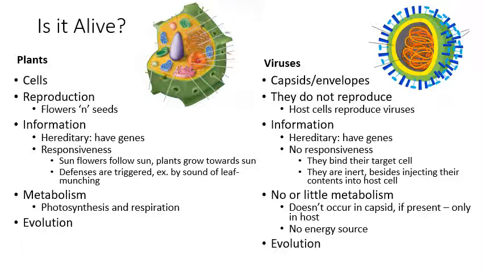It will use ATP that's produced by that host cell as an energy source and catalyze some type of reaction that's usually used to undermine the defenses of the host cell or force it to produce new viral particles. But that doesn't really count as the virus's metabolism because it doesn't happen inside the virus. It only happens inside the host cell.